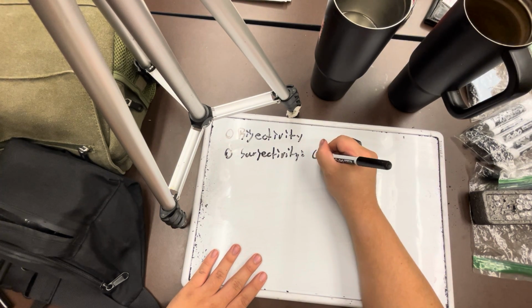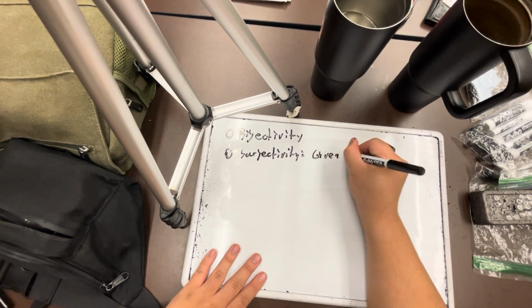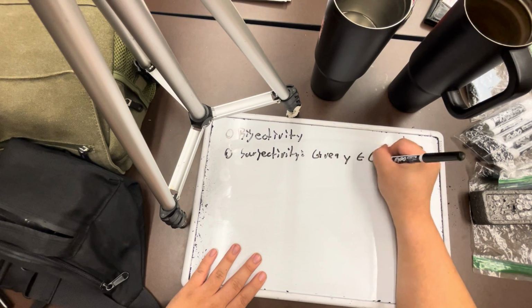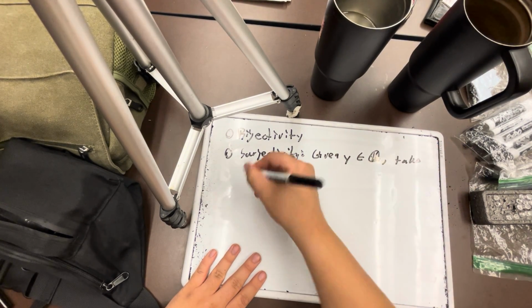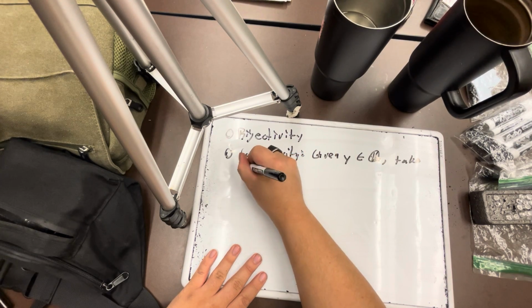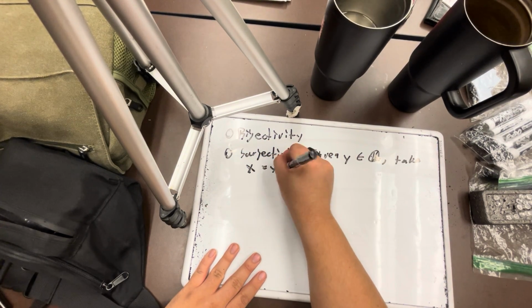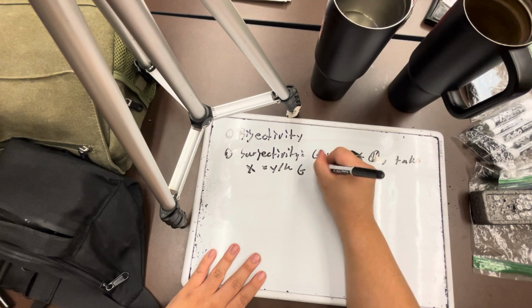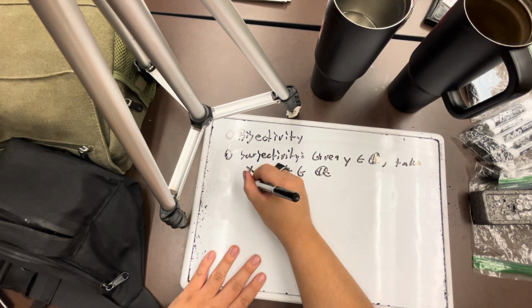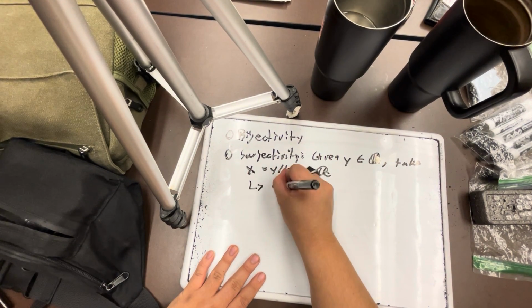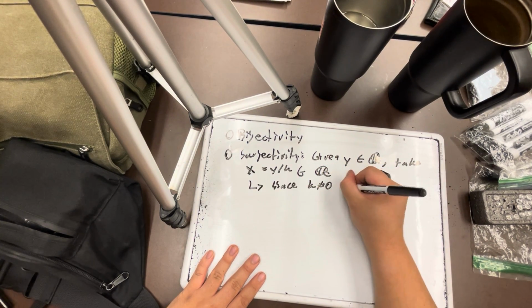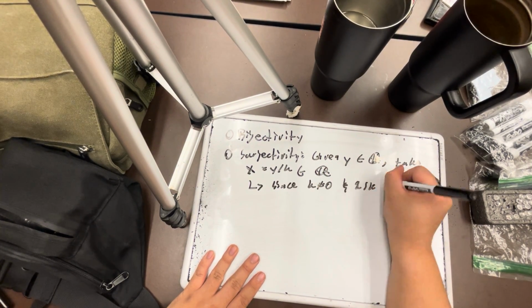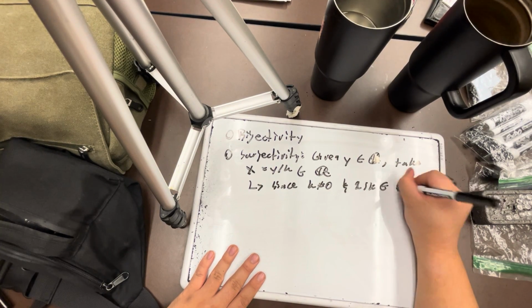So given y contained within the rationals, take x equal to y divided by k, contained within the rationals, since k cannot equal 0 and 1 over k must be within the rationals.